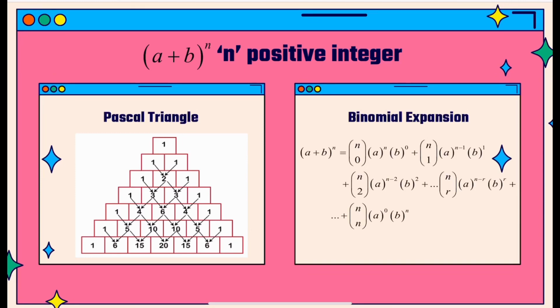In order to expand a plus b to the power of n, where n is a positive integer, you can use Pascal triangle or binomial expansion.